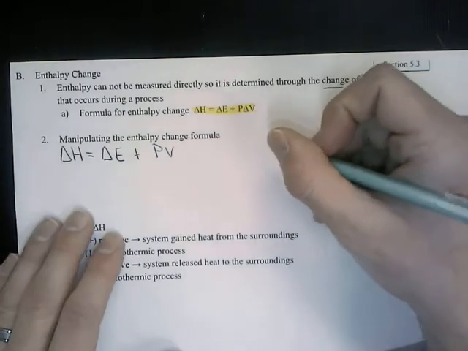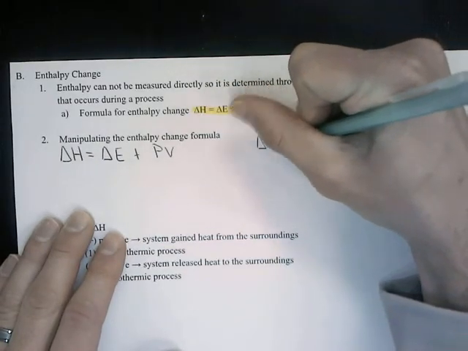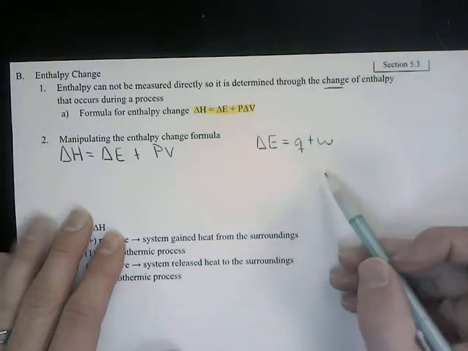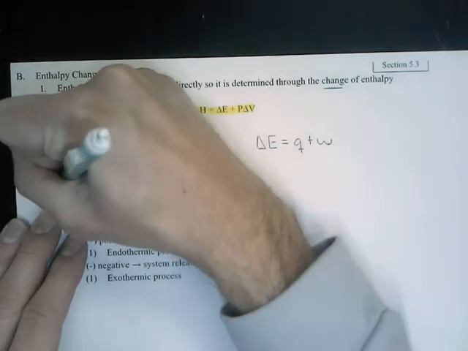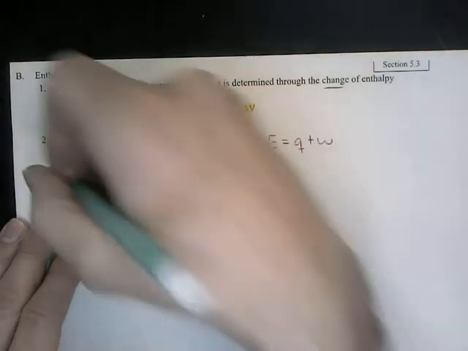Now let's remember this. That delta E is equal to Q plus W. We learned that from last section. And so what I'm going to do here, instead of writing this again with delta E, I'm going to write down Q plus W.